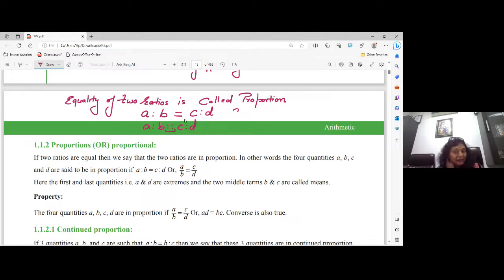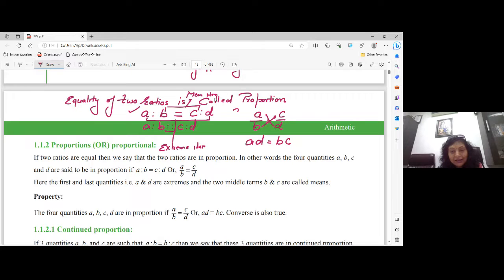If we write in algebraic form, A upon B is equal to C upon D. Now if we cross multiply, this gives AD equals BC. Now if we look at the proportion, A and D are called extreme items, and B and C, which are in the middle, are called mean items.